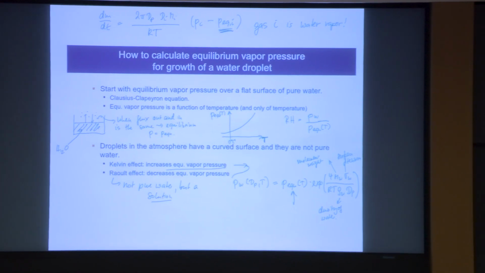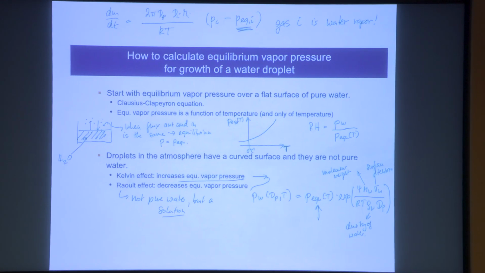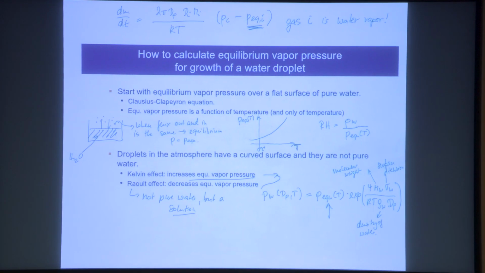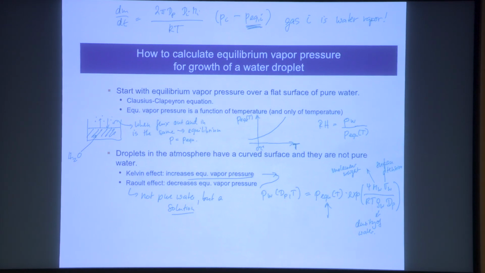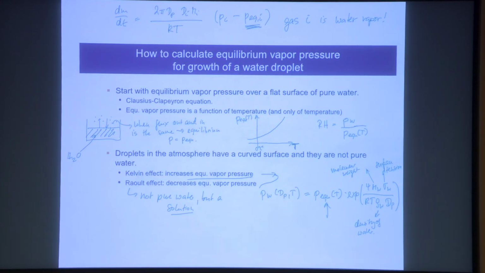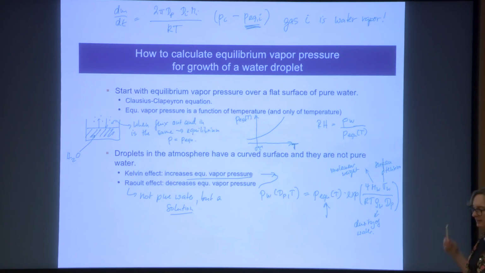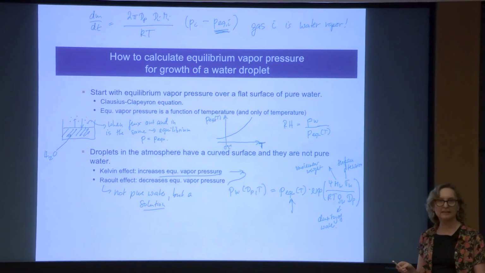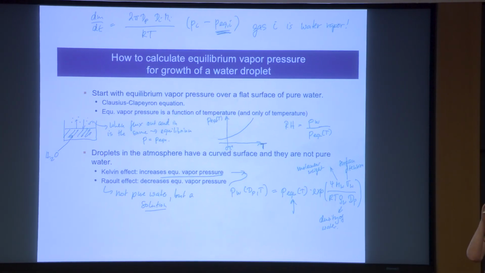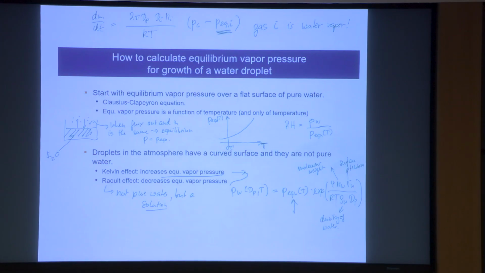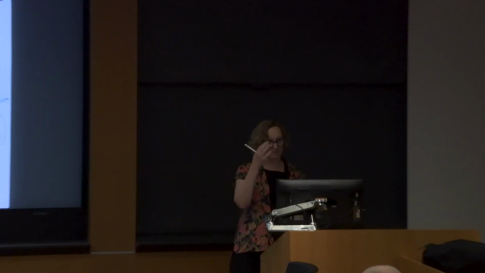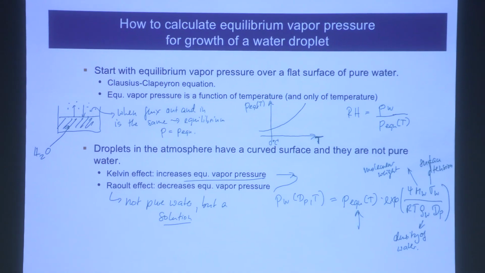So if you look at this example here, where we have our bucket or our cup of water, and the baseline is pure water, you use the Clausius-Clapeyron equation to figure out what's the equilibrium vapor pressure. If you dissolve a salt in there, that equilibrium vapor pressure would actually decrease, right? And now we combine it with a surface that is curved, and we have the Kelvin effect at the same time, which increases the equilibrium vapor pressure. And so then both things work at once.